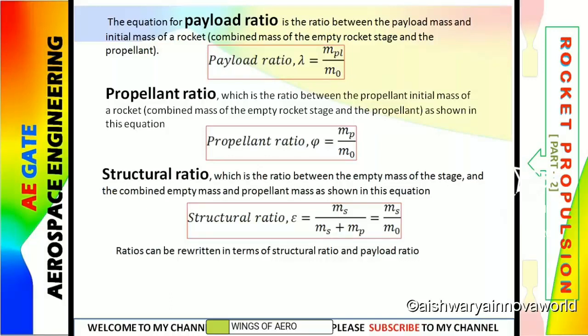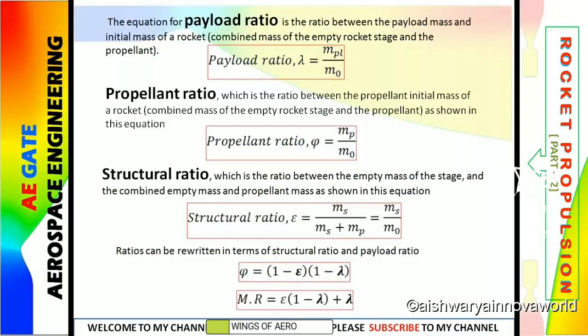Now I will tell you how these basic ratios are interconnected. What is phi? Phi is the propellant ratio. The propellant ratio is connected with the payload and structure ratios, that is, 1 minus payload and 1 minus structure ratio. In another way, how are MR and phi related?